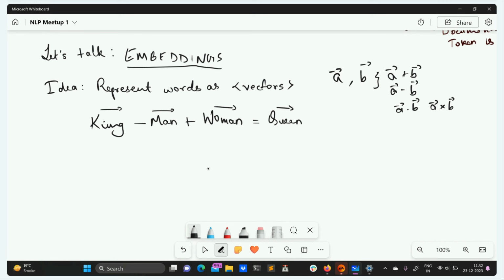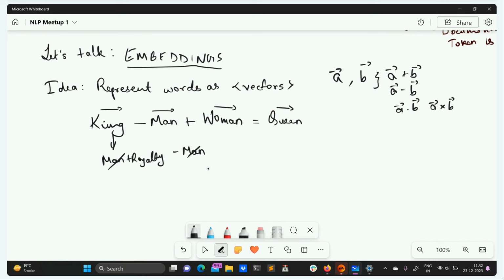Now, I want to do something similar with my text as well. Consider this example. King, that we all know what king means. If I subtract man from king and I add woman to it, that means I get queen. Why is that so? Maybe because king is man plus royalty, and from this I am subtracting man.